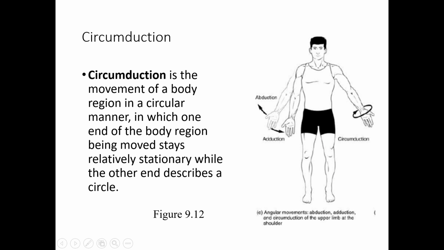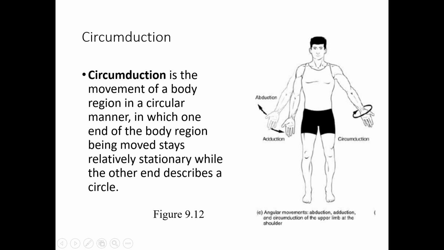Circumduction. It's a movement of a body region in a circular manner, in which one end of the body region being moved stays relatively stationary, while the other end describes a circle. What does it mean? Let's say you start making a circle with your palm.